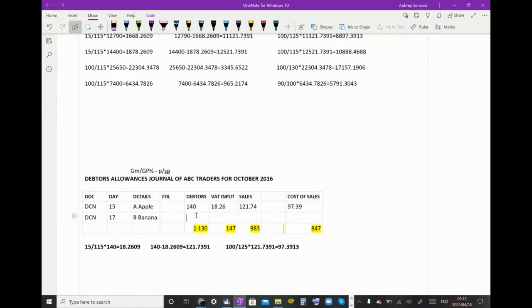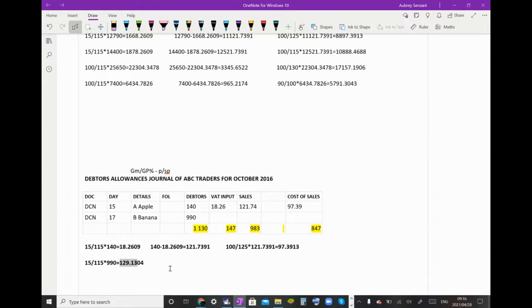I actually like this exercise. All right, 990. So that's the value of the goods he's returning. So 990, plug that in there. Again, we say to ourselves, okay, what is the VAT amount? 15 divided by 115, times the 990.